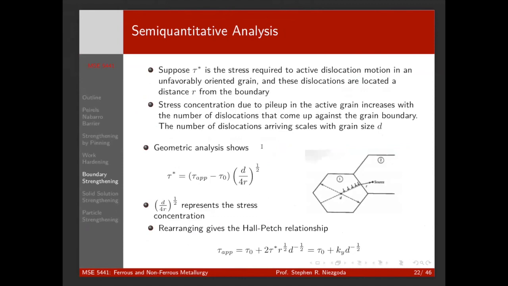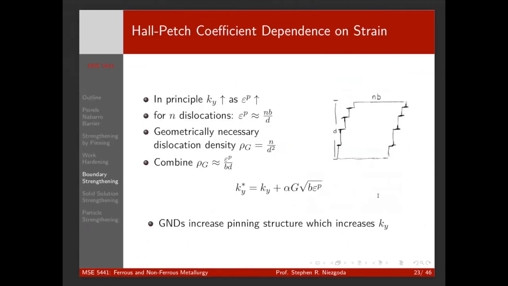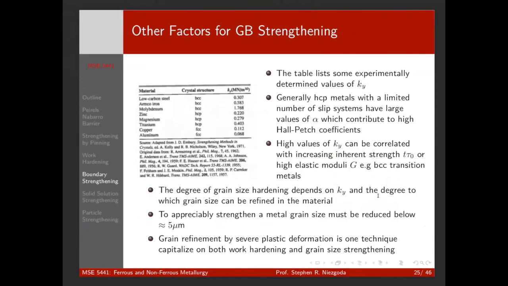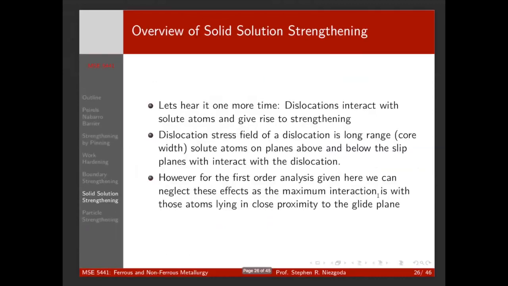All right. Hall-Petch effects. You don't need to particularly memorize or learn the factors for grain boundary strengthening. Just that FCC metals tend to have a smaller Hall-Petch effect than BCC or HCP. But everyone knows what the Hall-Petch effect is.